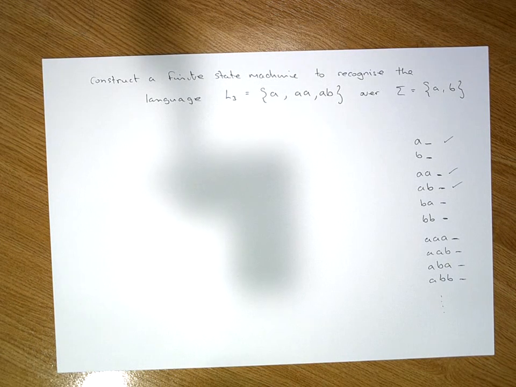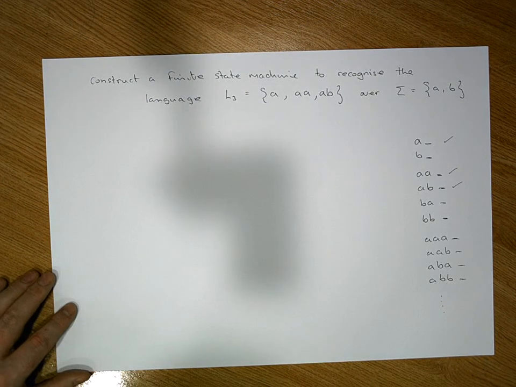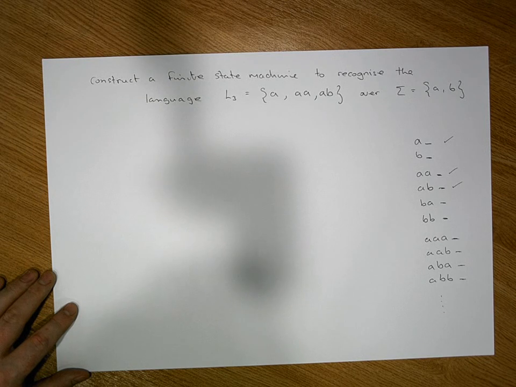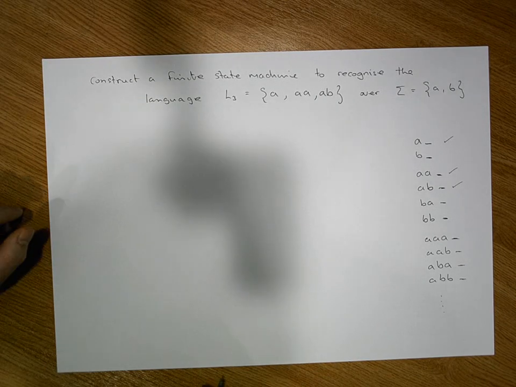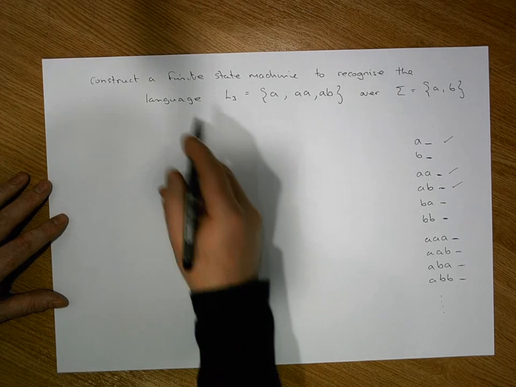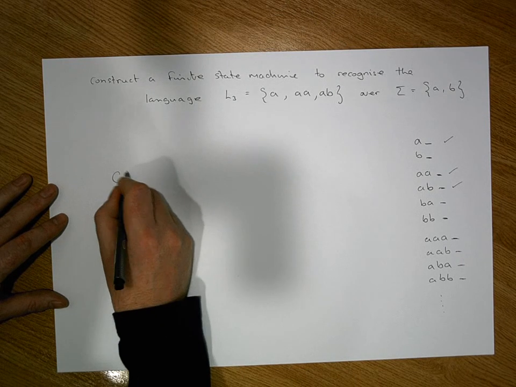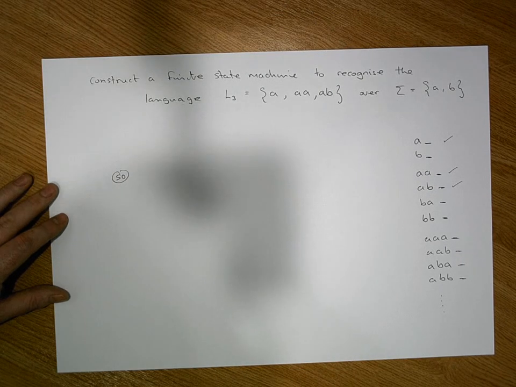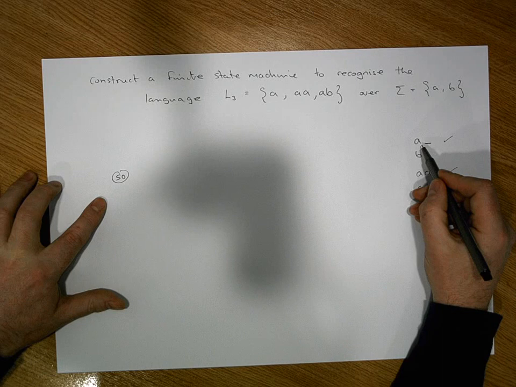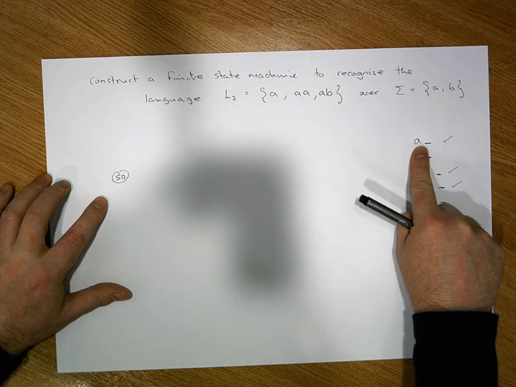So let's start off with the smallest word, the word that has the single character A in it, and build a machine that will at least recognize that word. We're going to start off in state S0, and pass in the word A to the machine.